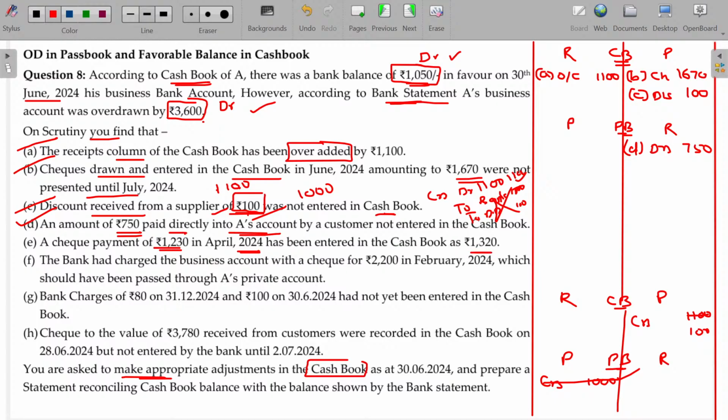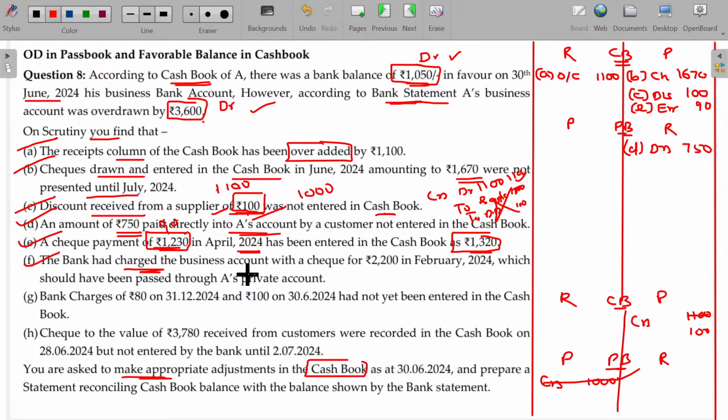Check payment of 1,230 wrongly recorded as 1,320. It means 90 rupees you have posted higher in the payment side. E. Okay. Error. How much? 90 rupees posted higher value in the credit side. Am I right? 90 rupees higher.